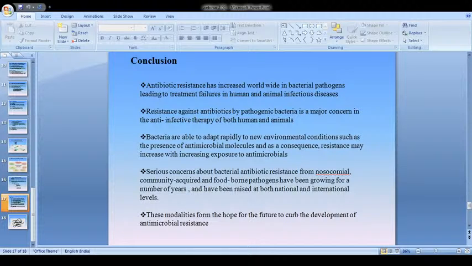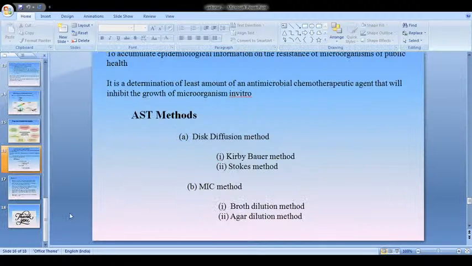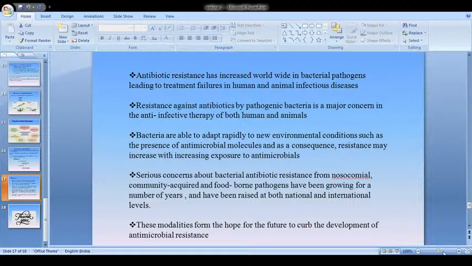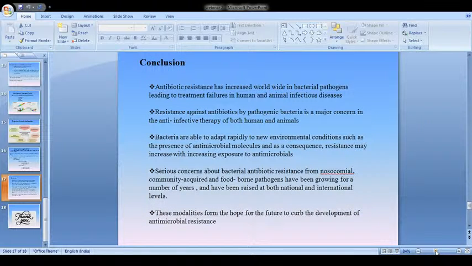And resistance against antibiotics by pathogenic bacteria is a major concern in the ineffective therapy of both humans and animals. Bacteria are able to adapt rapidly to new environmental conditions, such as the presence of antimicrobial molecules, and the consequent resistance increases with the increasing exposure to antimicrobials.